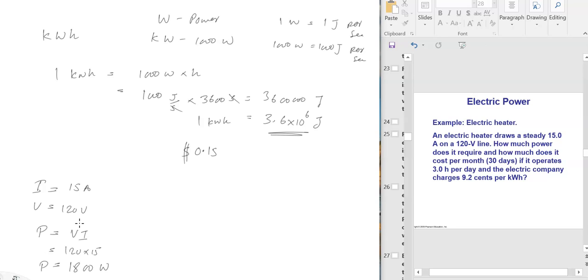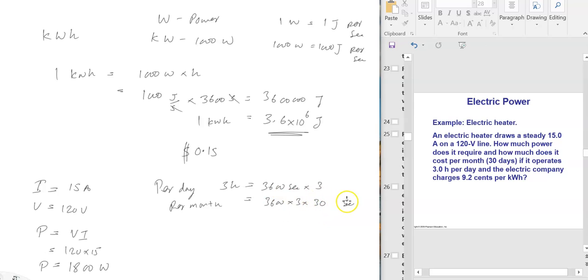Alright, what's the total energy you are using per day? It's 3 hours. So 3 hours means 1 hour is 3600 seconds multiplied by 3. So this many seconds per day. That's per day, so per month it will be 3600 times 3 times 30.